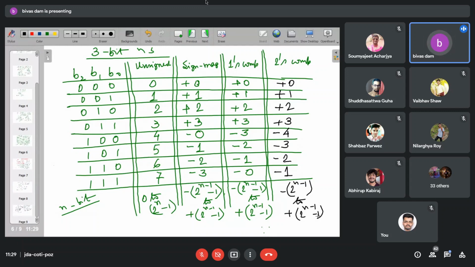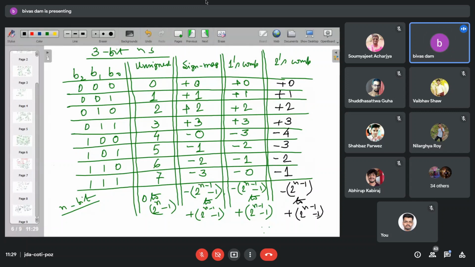In fact, I suggest you remember these ranges involving n, the general ranges for unsigned, sign magnitude, 1's complement, and 2's complement. In many competitive examinations and in GATE also, these may be of help sometime.